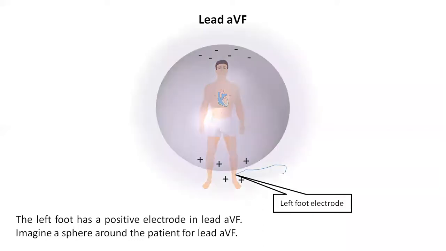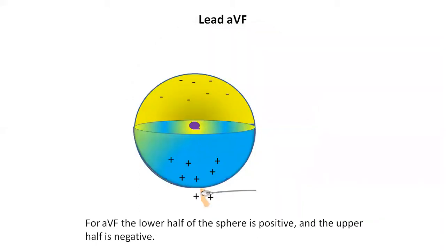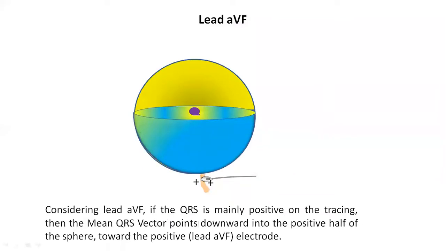Now let us imagine the sphere here. That means the above is negatively charged and the downwards is positively charged. For AVF, the lower half of the sphere is positive and the upper half is negative.